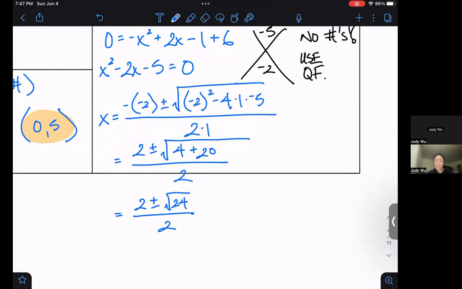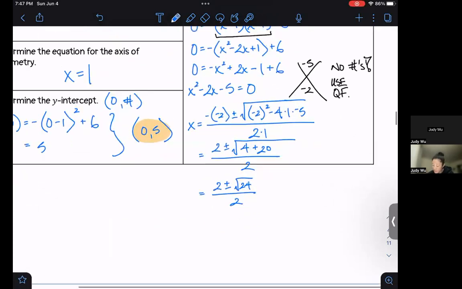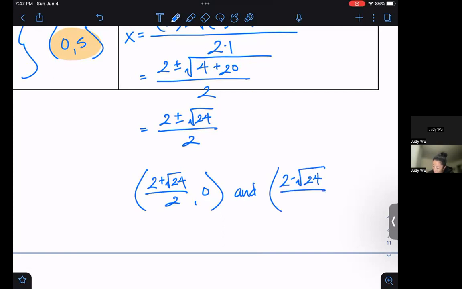We could simplify this more. I don't think that's really necessary, but all we need to do now is to write them as intercepts. So we would say 2 plus root 24 over 2 comma 0. That's one of the x-intercepts. And 2 minus square root of 24 over 2 comma 0.